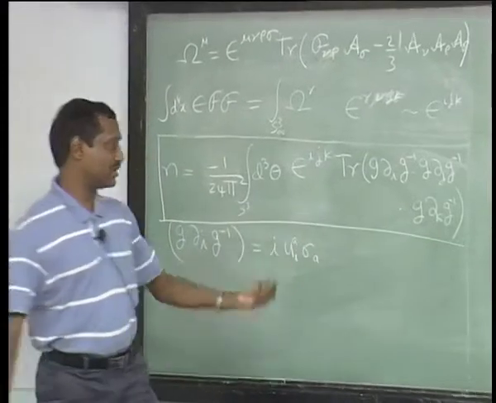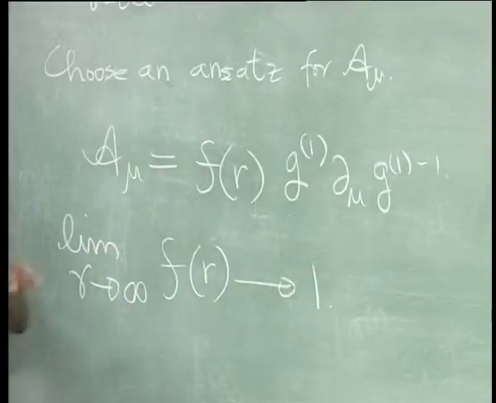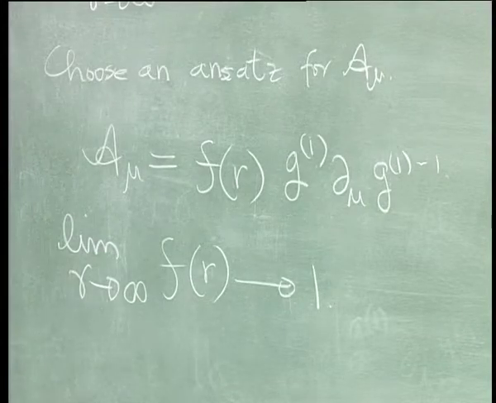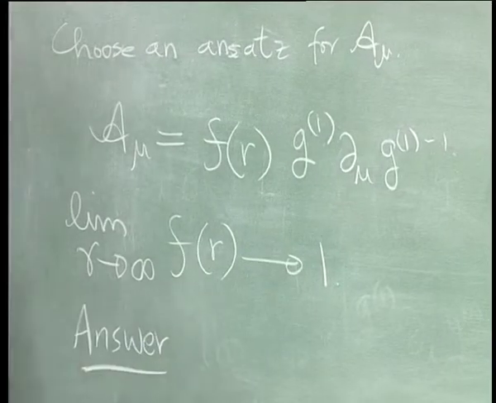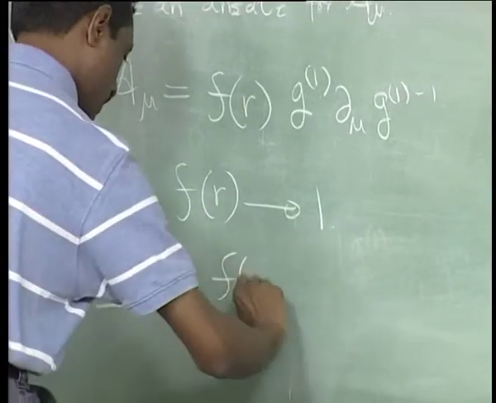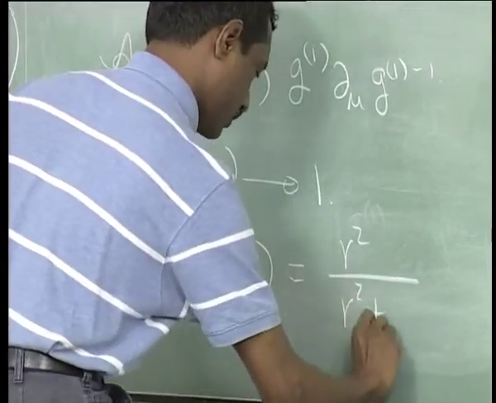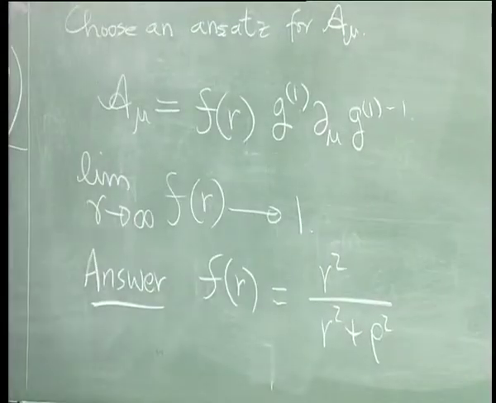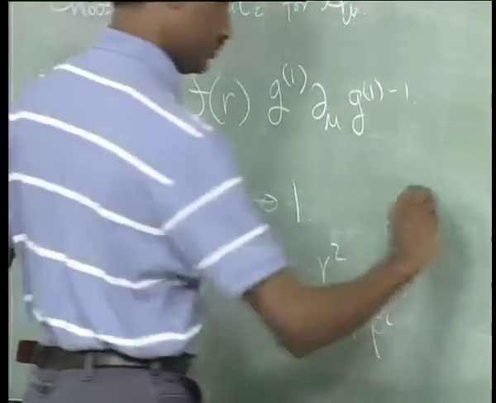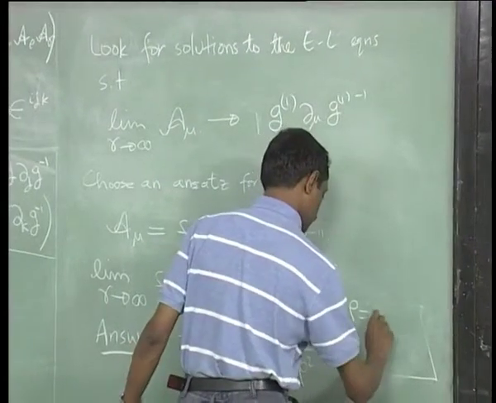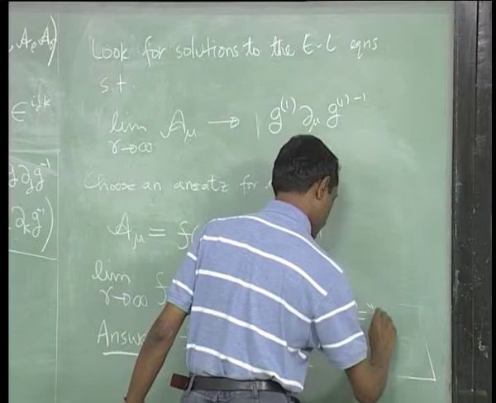You will get a nice differential equation for f of r, and I would recommend working it out. The answer turns out to be something like this, where rho is some parameter. Rho is a parameter which we will say is the size.